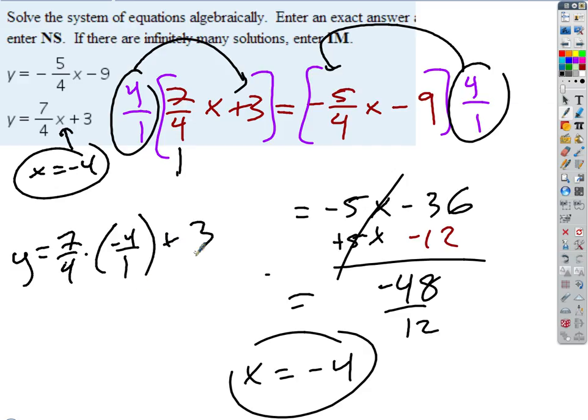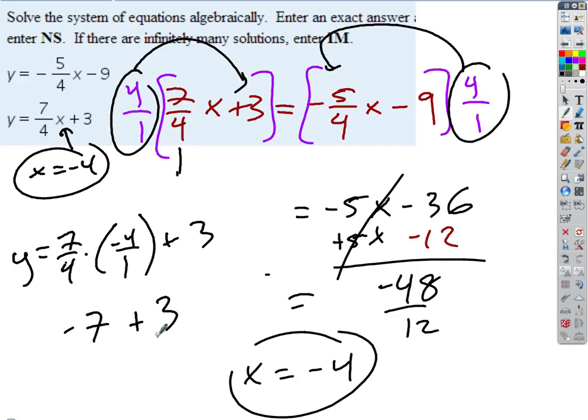So what's 7/4 times negative 4/1? Negative 7, isn't it? The 4's cancel, so I get 7 times negative 1/1, or just multiply straight across if you want to and divide. Negative 28 over positive 4 is negative 7.